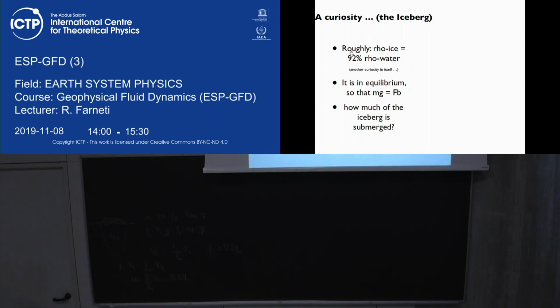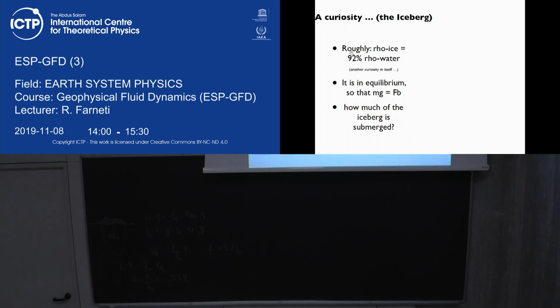Okay, so this is just a curiosity: if you ever see an iceberg in a picture, or if you are lucky enough to see one, whatever you see is just 8% of the iceberg. 92% of the iceberg is underwater. So if you see a big iceberg floating on the sea, that's just 8% of the iceberg, because roughly this is the ratio between the two densities.